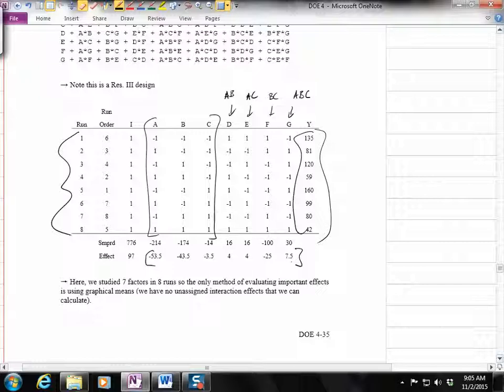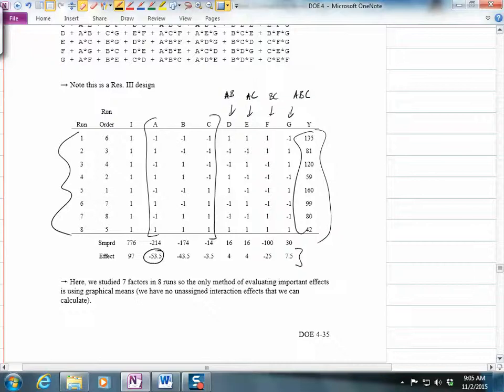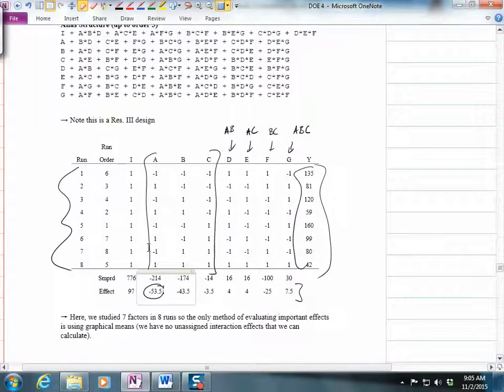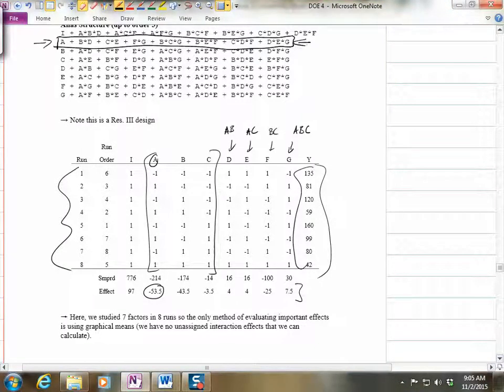And the first thing that we notice is, oh, it looks like factor A is doing something. And remember, even though this says factor A, it's A plus all this stuff. Actually, and more. These are truncated. There's a lot more interactions, but it's just giving us through 3rd order stuff.